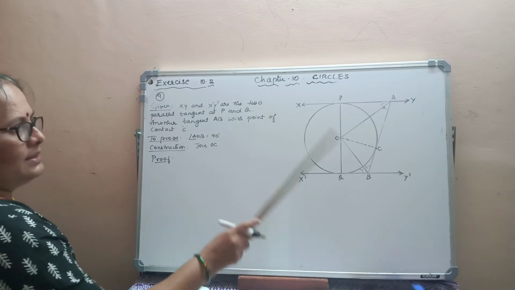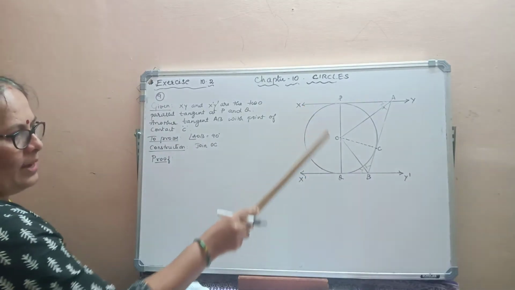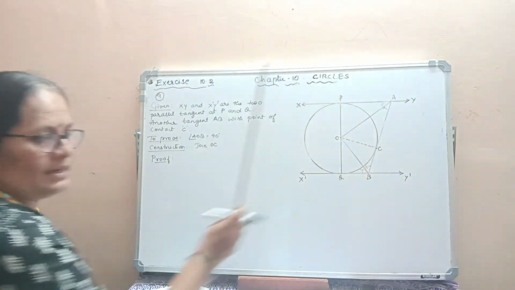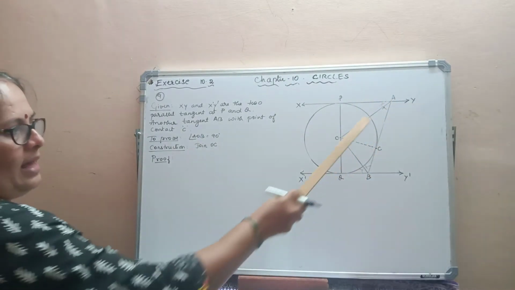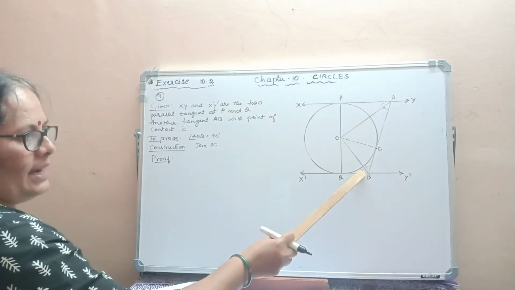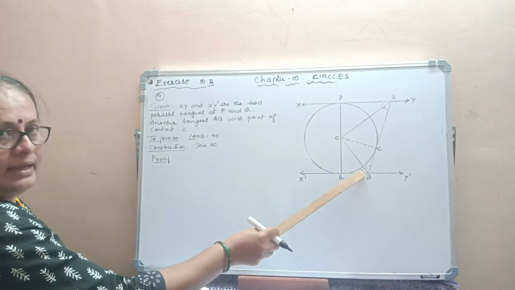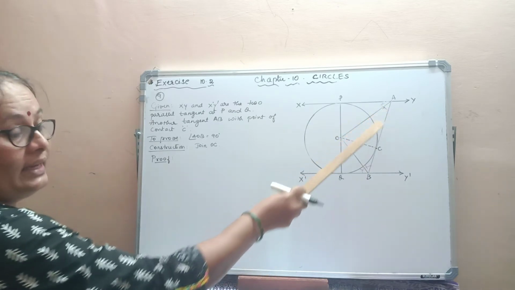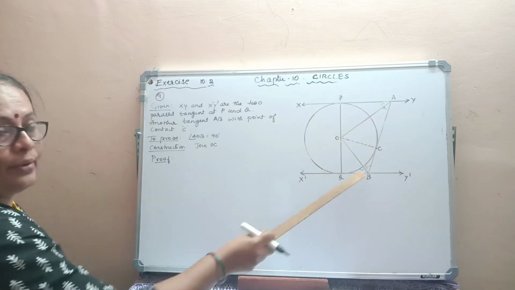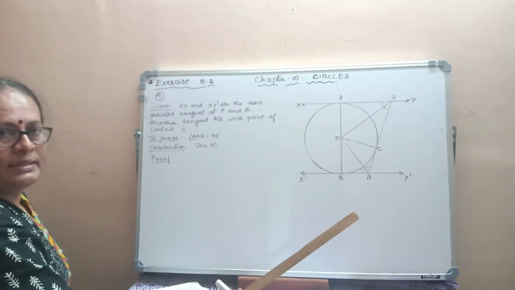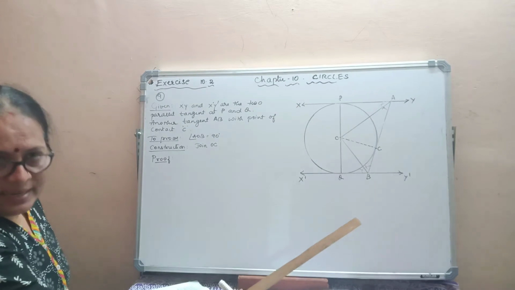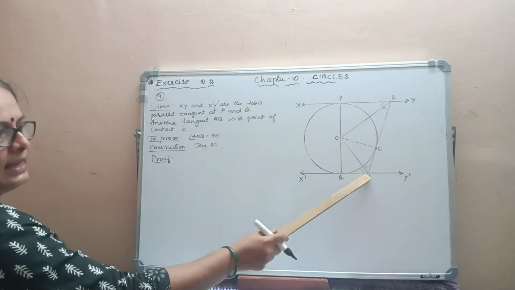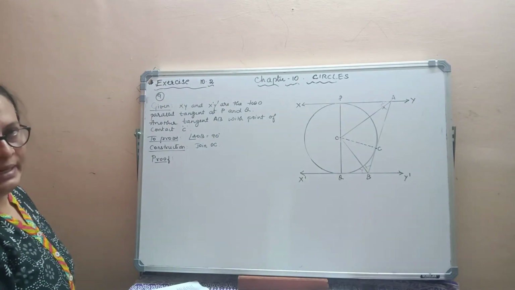Since XY and X dash Y dash are parallel, and AB is the transversal, angles on the same side of the transversal are supplementary, co-interior angles. So angle A plus angle B is equal to 180 degrees.